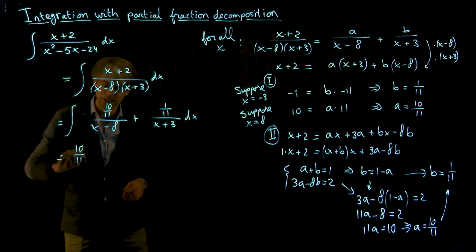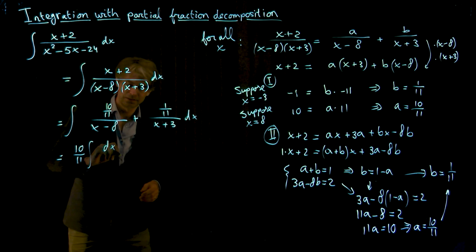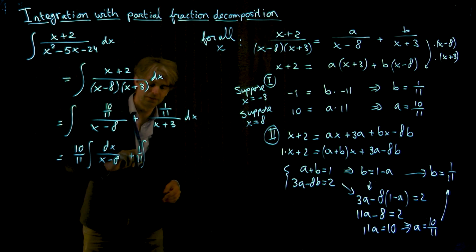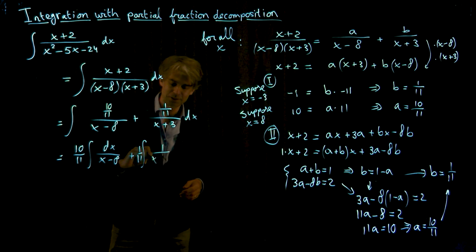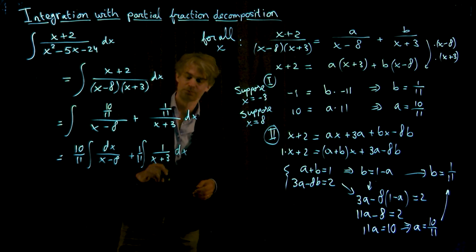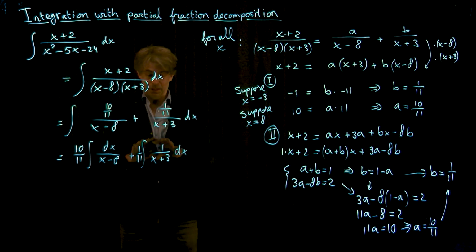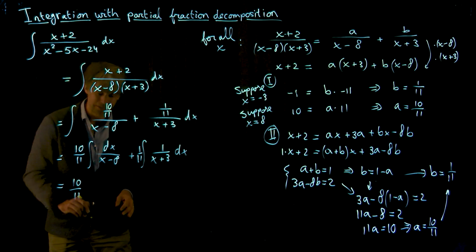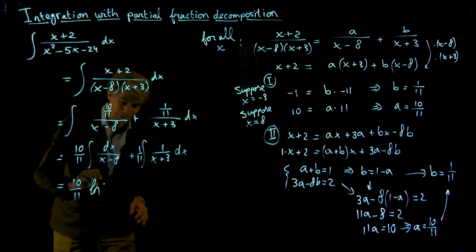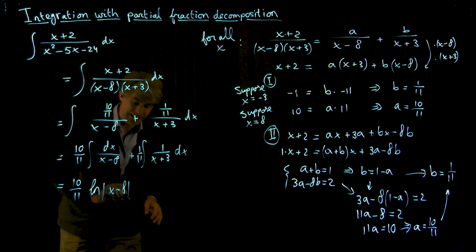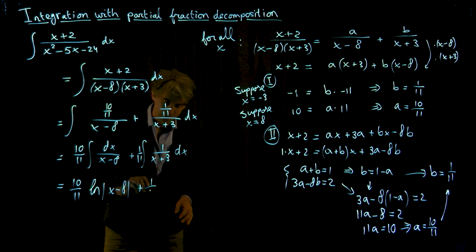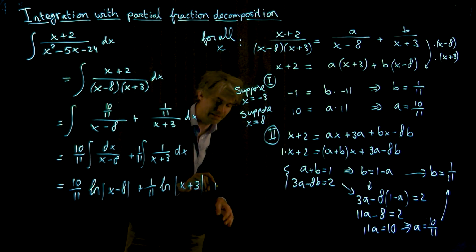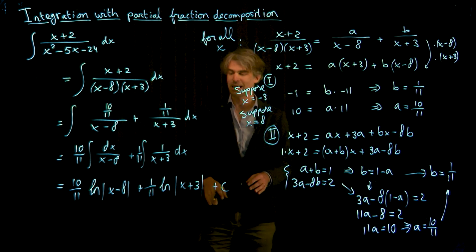We get 10/11 times the integral dx over x minus 8 plus 1 over 11 times the integral of 1 over x plus 3 dx. And well, we can do them both. Of course, they're integrated by ln, and then don't forget the absolute value sign, please. Like that. And the other one, 1 over 11 ln absolute value of x plus 3. And then this constant, which we should never forget.